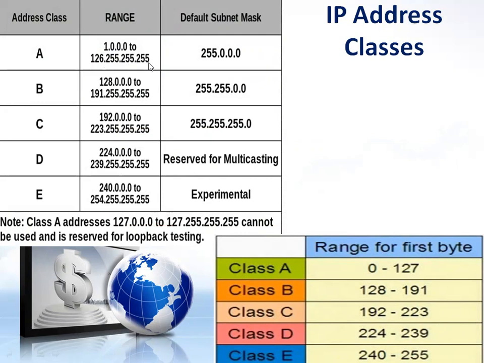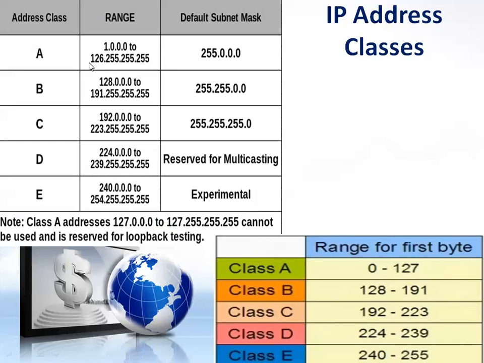Whenever you have an IP address from 1 to 126, the first part indicates the class. This indicates it is a class A address.